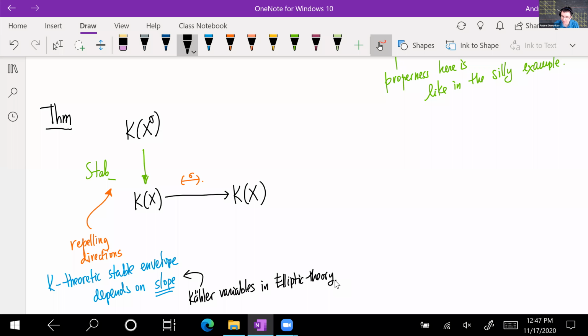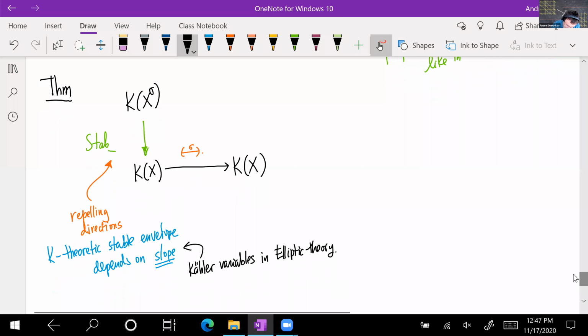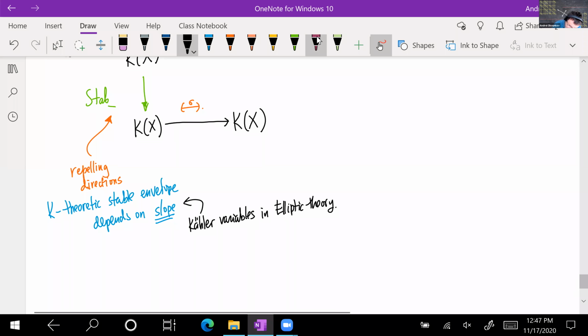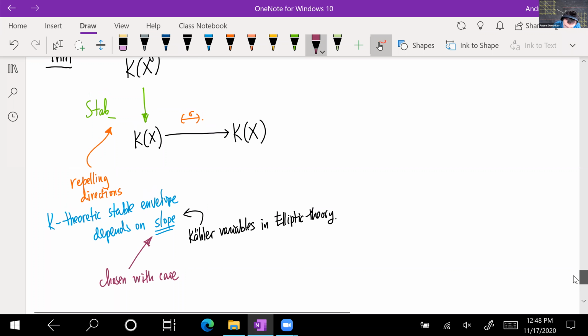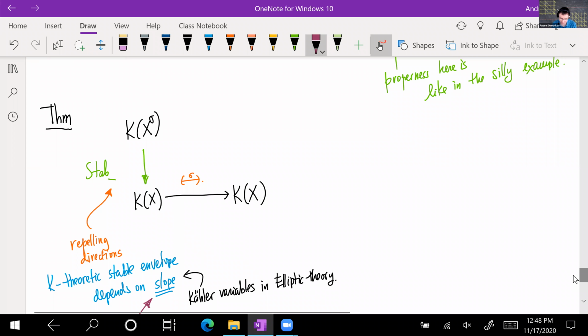So this has to be set with care, which I'm not going to do now. It needs to be chosen with care, but we will not do this care here in the lecture.